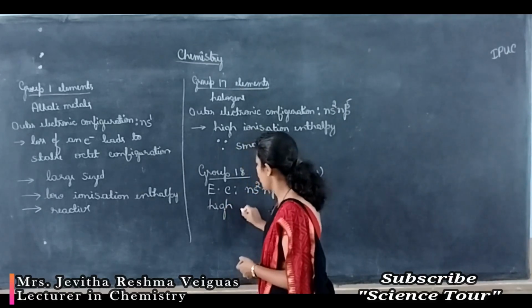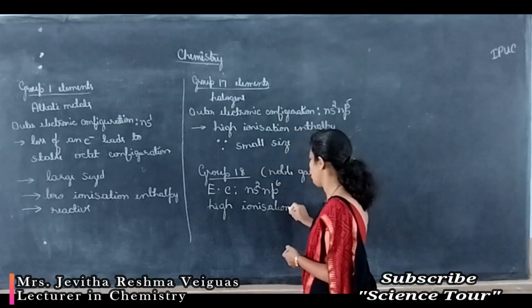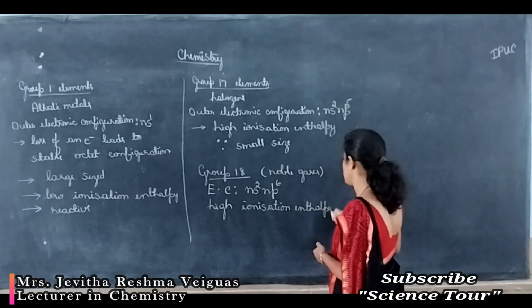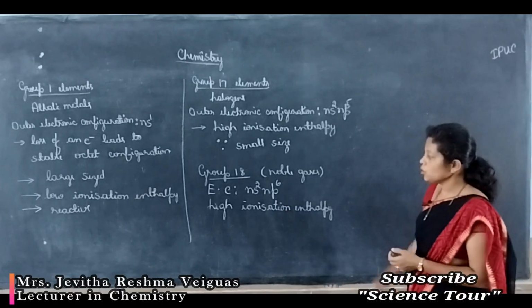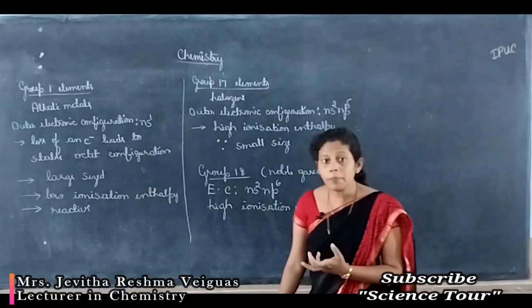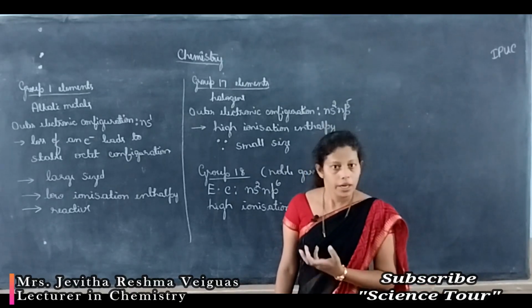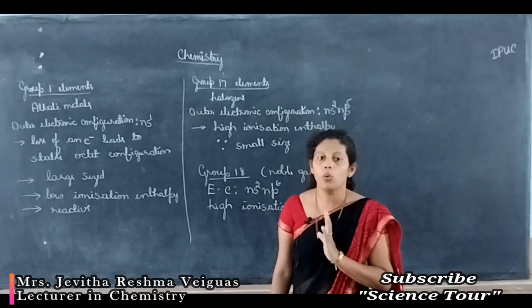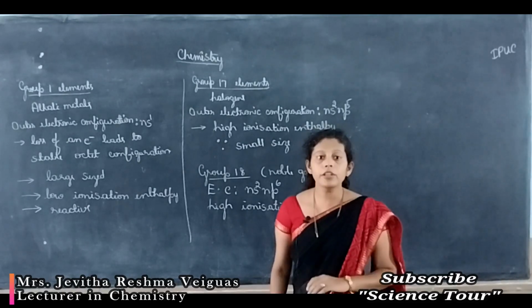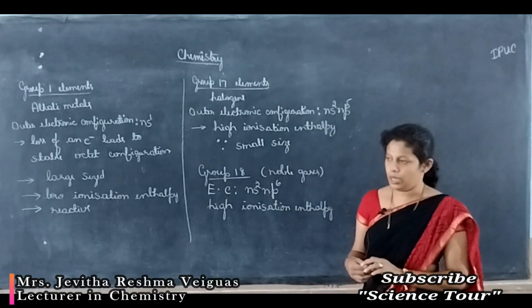Hence, they have very high ionization enthalpy. So, remember, if an element prefers to lose an electron in order to get stability, its ionization enthalpy will be low. If an element does not prefer to lose an electron, its ionization enthalpy value will be high.